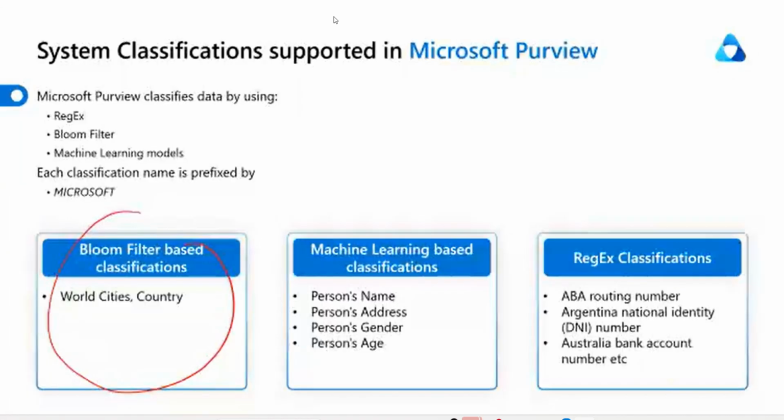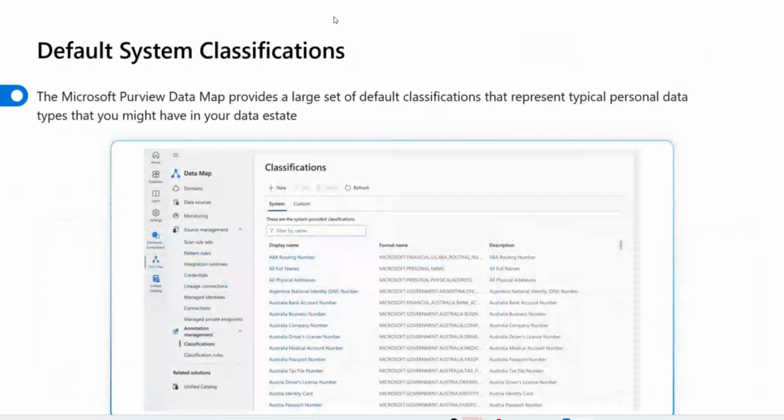But don't worry about those things. This basically helps us to identify common things like cities, countries, drug names and all. Then we have machine learning based ones that detect names, address, gender, and regular expression ones like passport number, bank account number and all. So these are default system classifications.